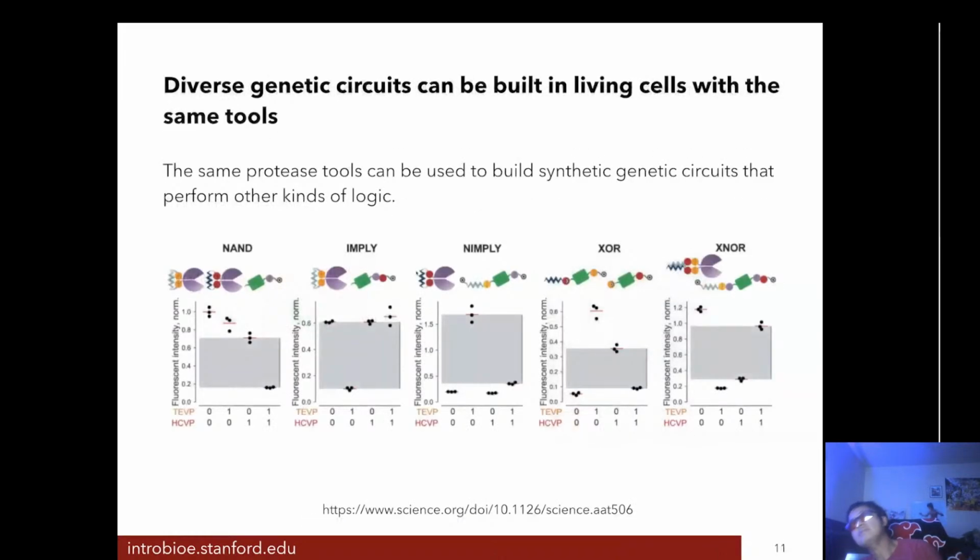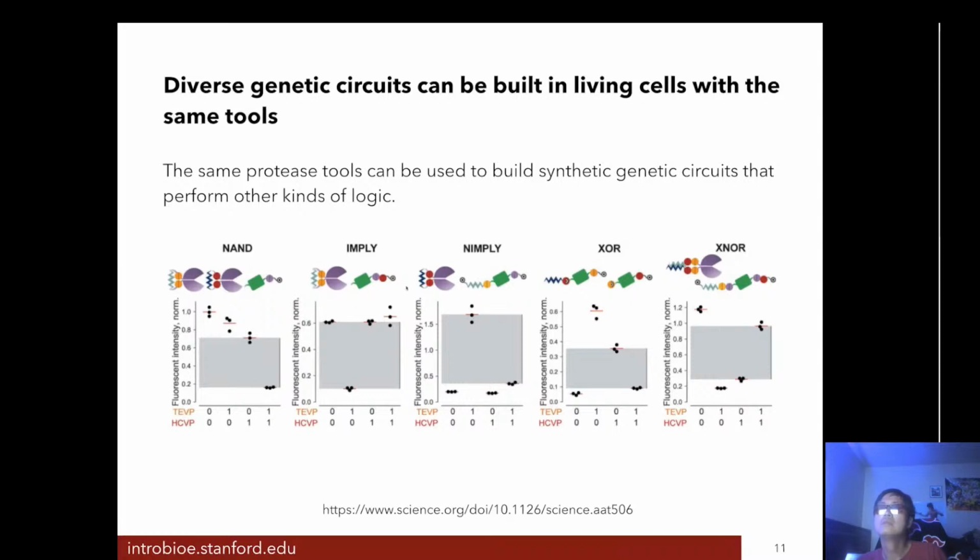What is true for all of these is that you can build diverse genetic circuits with the same tools. The same kinds of protease tools can be used to build synthetic genetic circuits that perform other types of logic. This is a NAND gate, so it has exactly the opposite behavior of an AND gate, where it's on in all cases except where both TEV protease and HCV protease are expressed.